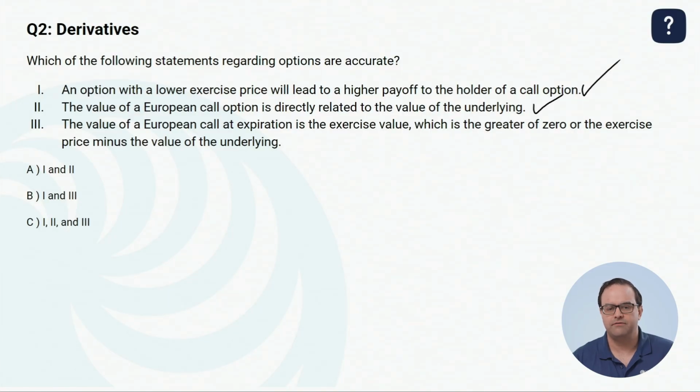The third is looking at the value of a European call at expiration being the exercise value, and that is defined in this scenario as the greater of 0 or the exercise price minus the value of the underlying. Well, the value of the European call option at expiration is not the exercise value.